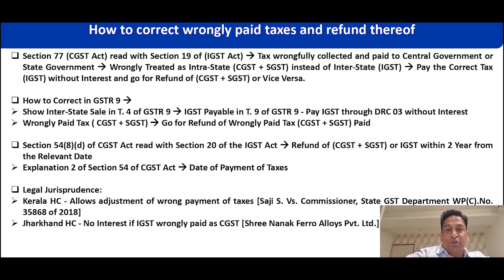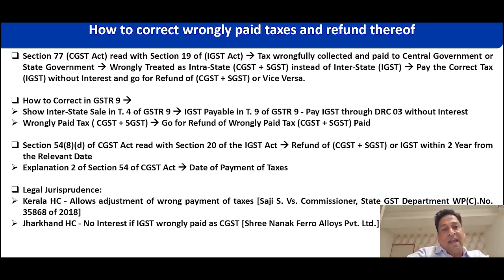As per explanation 2 given under section 54, the relevant date is the date of payment of taxes. In this case, there are two schools of thought, but I am giving my view: once you pay the IGST liability, that is the date of payment of tax, and only after payment of the IGST liability, which was the correct liability, do you become eligible to go for refund of wrongly paid CGST and SGST.